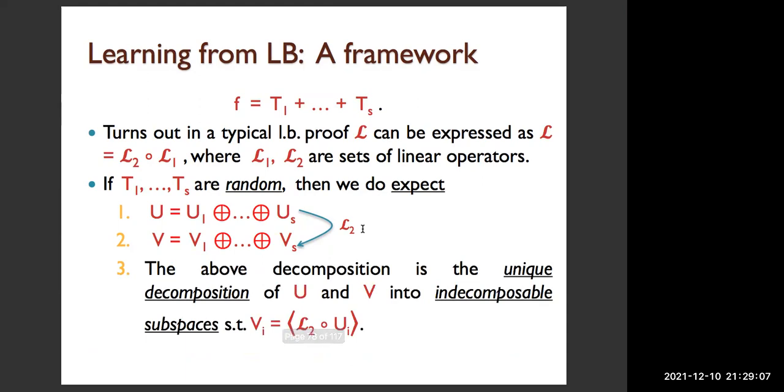So we can further expect at this point that the above decomposition of U and V into indecomposable subspaces is unique, in the sense that L2 is taking Ui to Vi, right? Among all decompositions, if I start with some arbitrary basis elements, this may not happen.